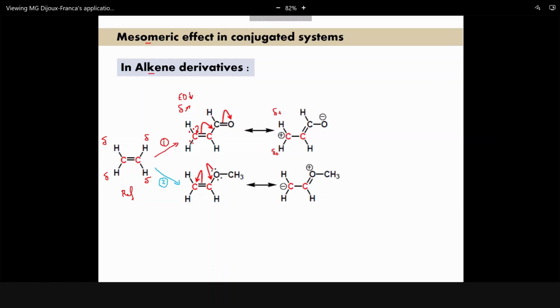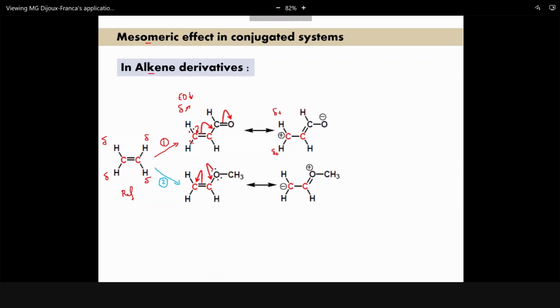And in the second example, second molecule, here we have a group that is an ether that is conjugated to the double bond, even if the oxygen is more electronegative than the carbon. Here, because of the mesomeric effect, the mesomeric effect will be higher than the inductive effect.